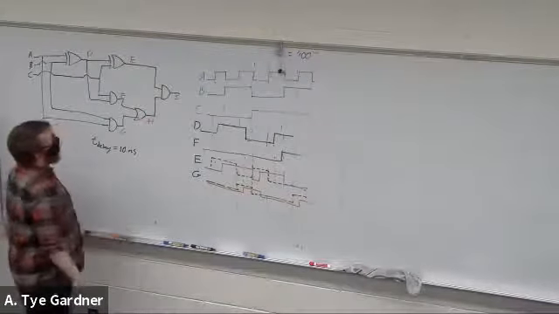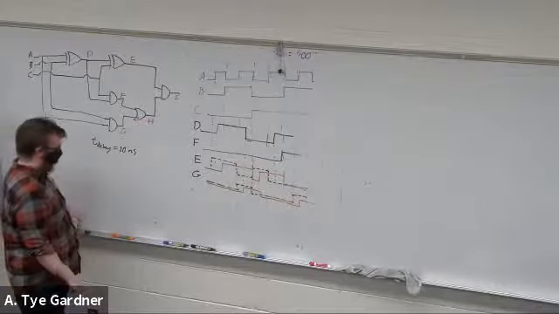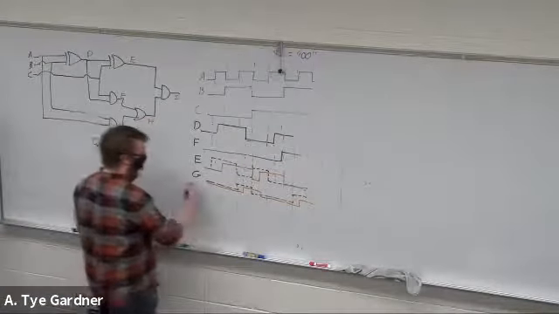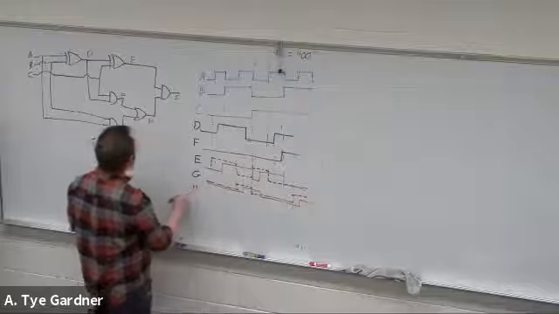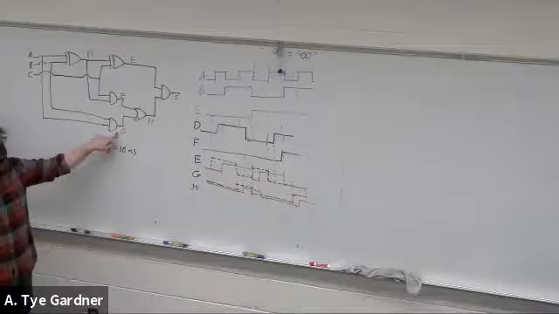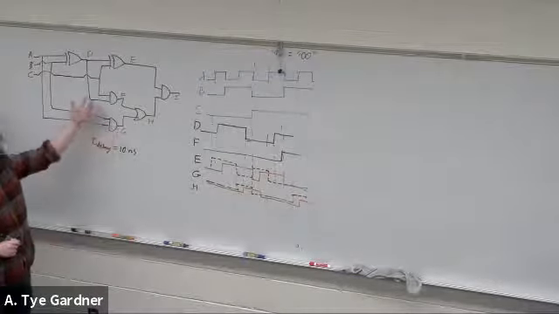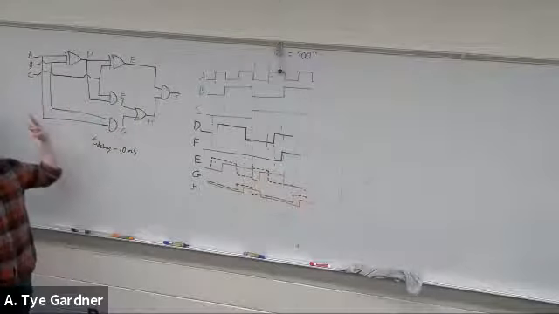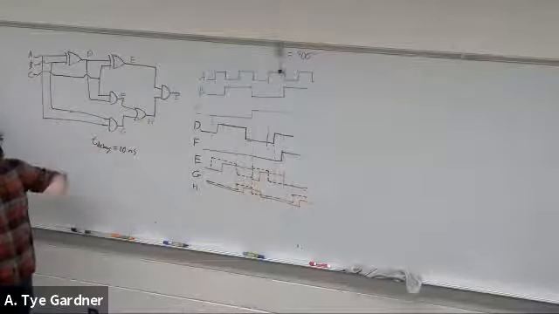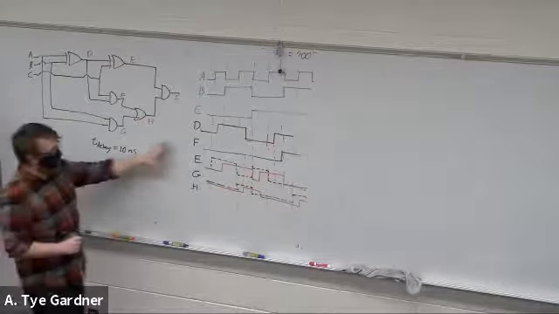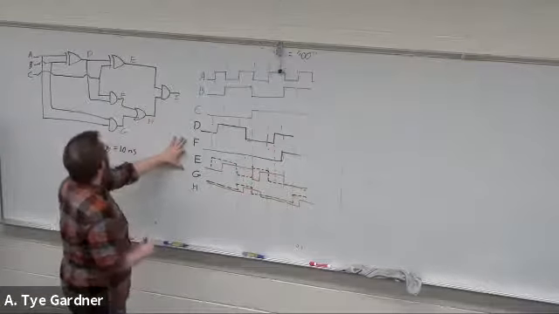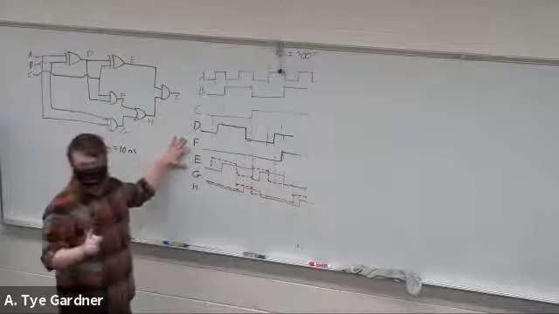Okay, now H. H has one gate delay from F and G. But F and G, I don't have to worry about where their delays came from as long as I match them to what's happening. So let's look at F and G. And it is F or G, right?